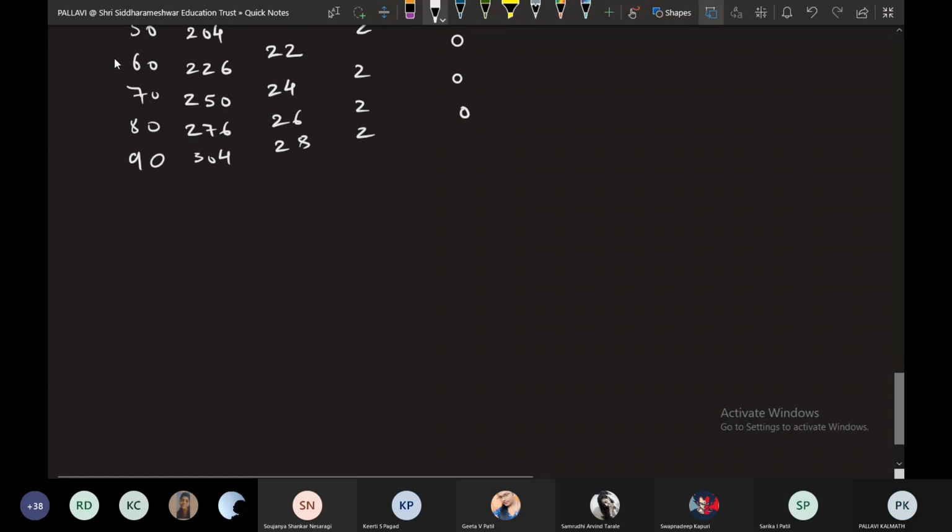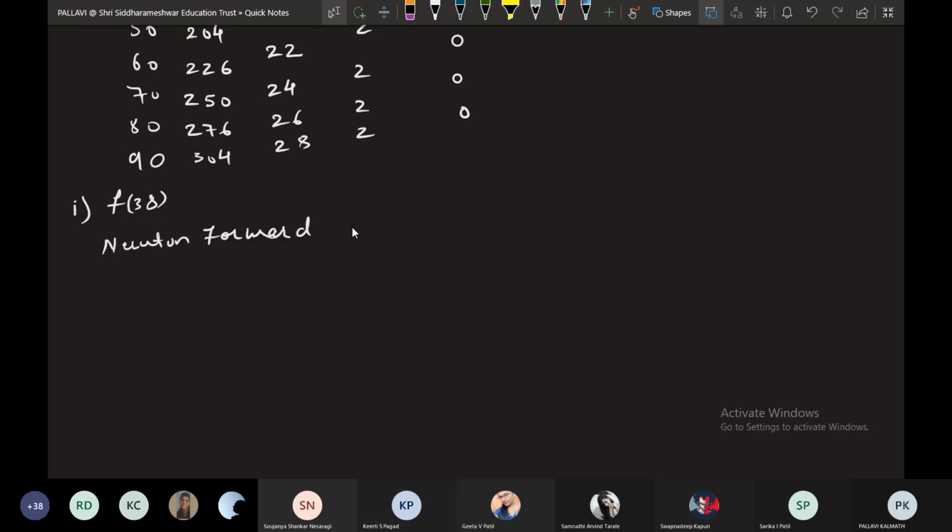Then first of all, you are going to find what? f of 38. To find f of 38 we use Newton's forward interpolation formula. So write Newton's forward interpolation formula and substitute the values. What is the difference between forward and backward?